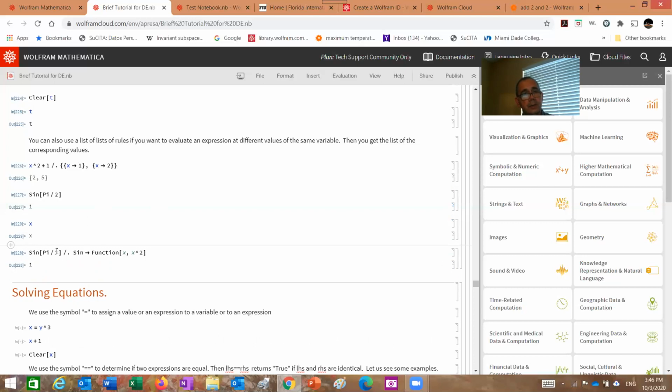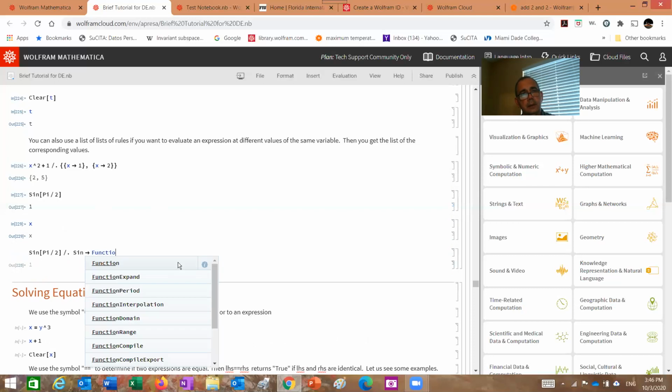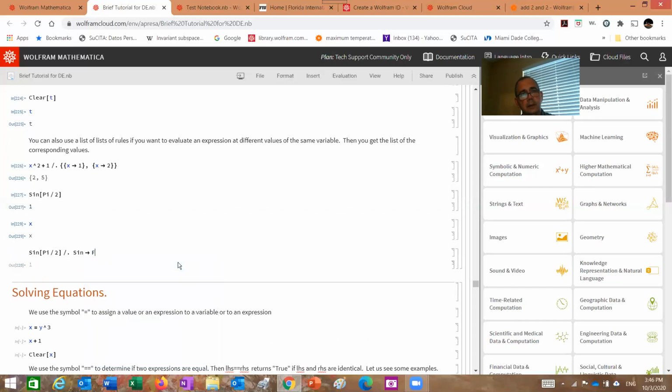But you have an expression like this, well, it seems that this doesn't work. Let me see if it works when I have cosine here. If you replace sine by cosine, no, it doesn't work in this case.